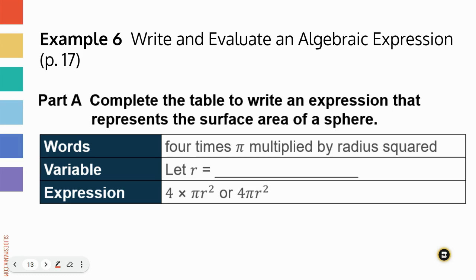For our variable, r is going to be the radius. And then our expression is 4 times pi r squared, or 4 pi r squared.